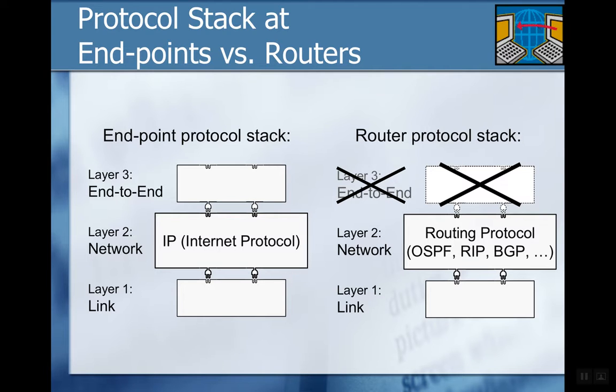Routers have a data link layer and then what we call the routing layer. Routers put information onto the network, but they really only talk amongst themselves, so there is no end to end. The routing protocol is its main function.